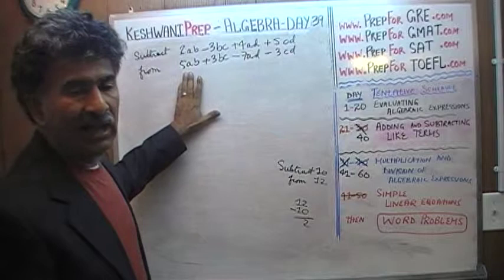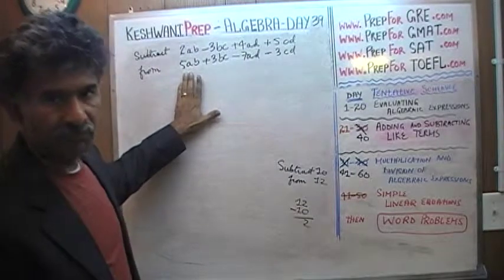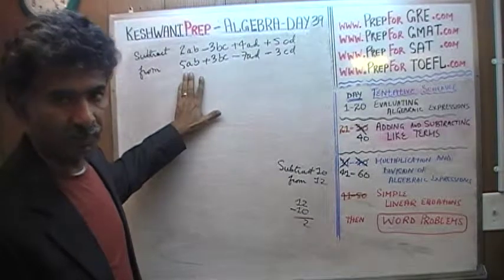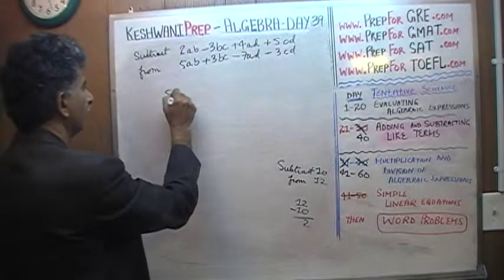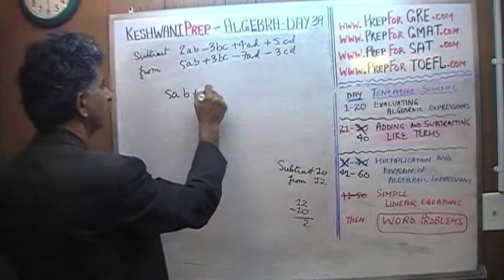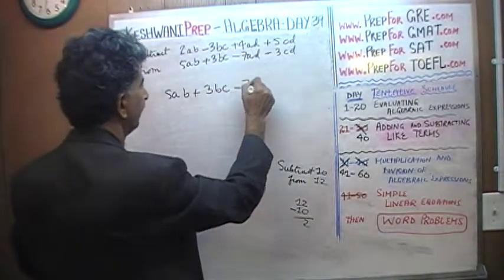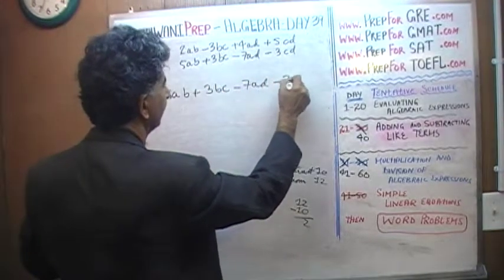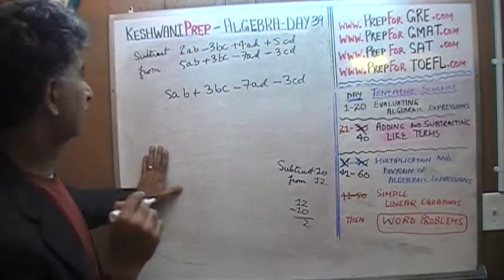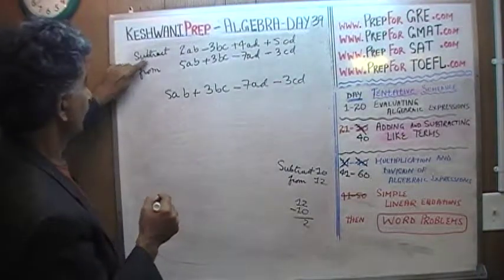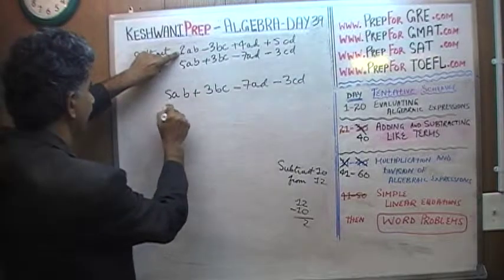The expression that we are asked to subtract from has to go on the top. So this second expression, 5AB plus 3BC minus 7AD minus 3CD, goes on the top. And what we are being asked to subtract has to go at the bottom.